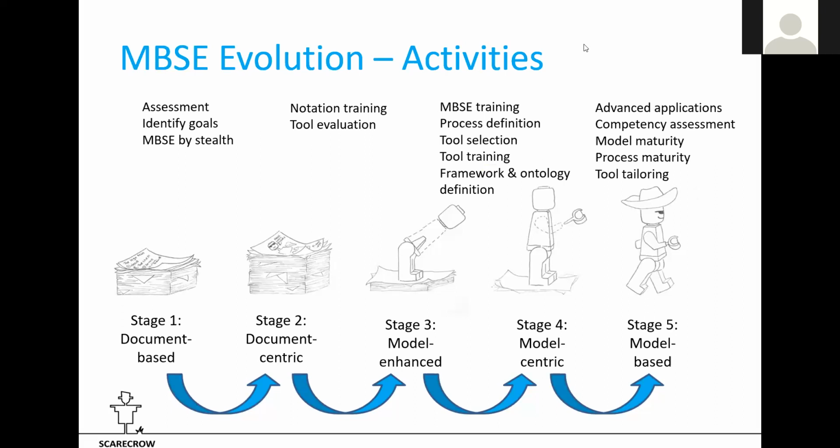We can then look at the typical activities to identify what an organization needs to do to make that evolution from stage 1 or 2 up to stage 3, 4, or 5.